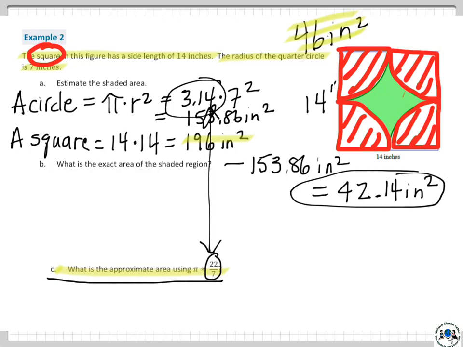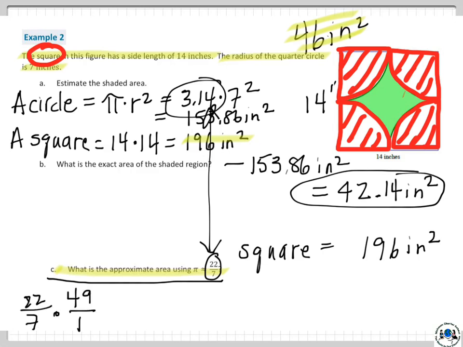Okay, so let's take a look at this. Our square is going to be the same, 196 square inches, because it does not require the use of pi in calculating area. But if we use 22 over 7 instead of 3.14, it would be 22 over 7 times 49 over 1.